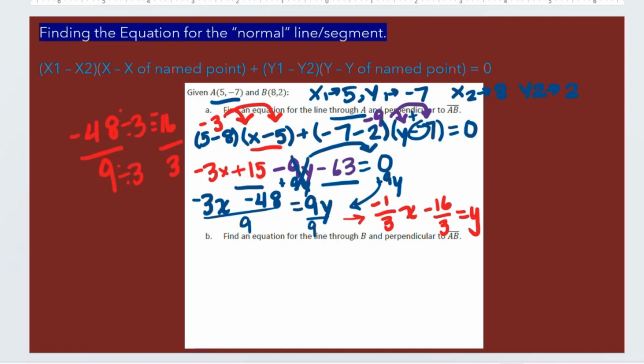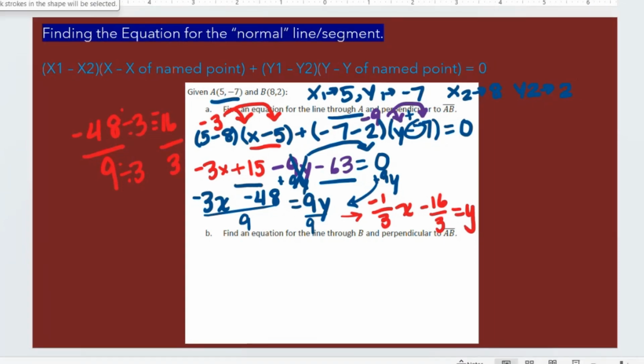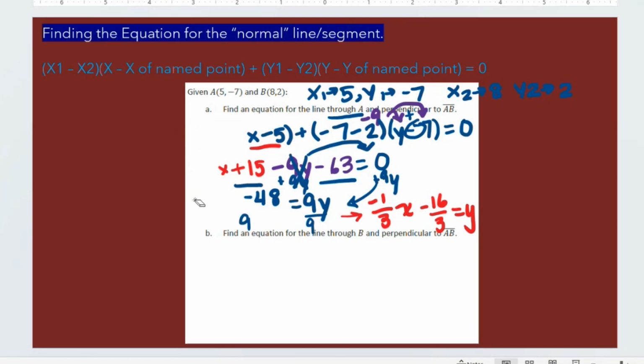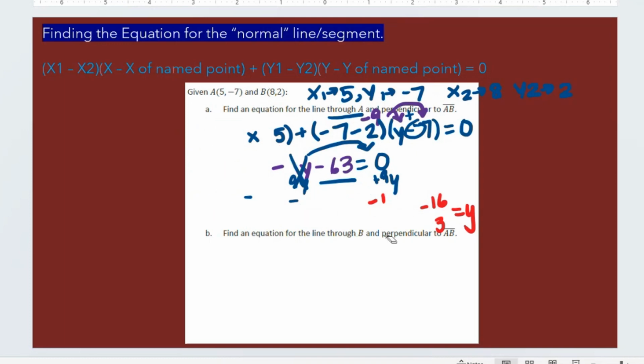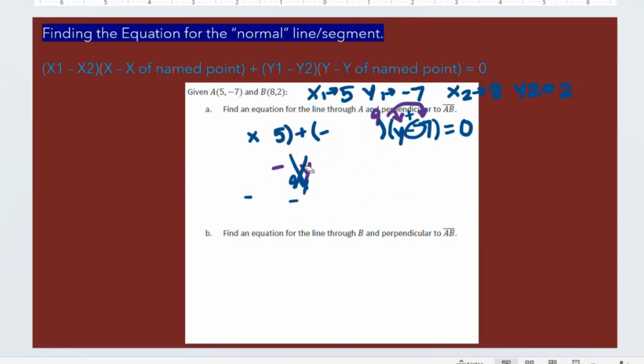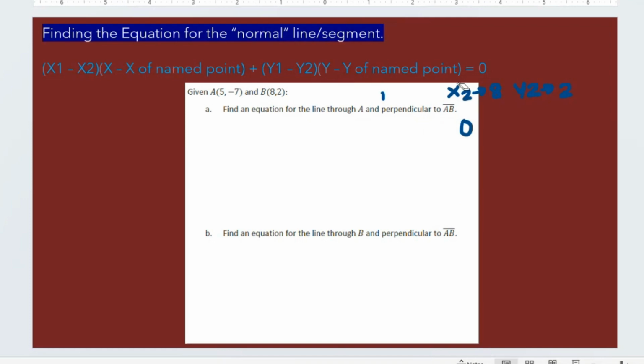I'm going to do a second one if you need another example. All right, so I'm going to just erase everything so that we have a second example. And we'll do the one on the bottom. Again, going step by step using the formula that's given and finding the equation for the normal segment or the perpendicular segment. So the first thing I need to do is identify my x's and my y's that are going to be important here.